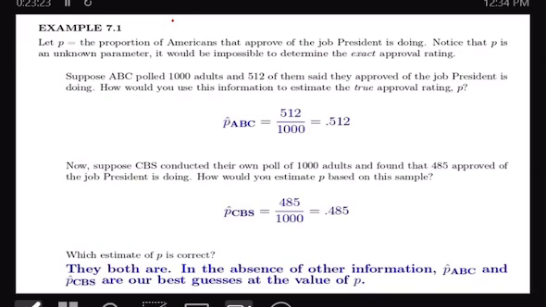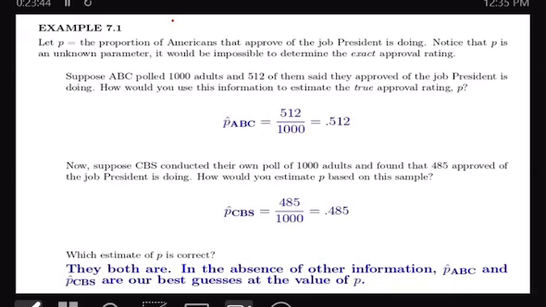The parameter is P. We want to know the proportion or percentage of Americans that approve the job the president is doing. If I want to get that exactly, I will need to study everybody in the United States. Does that make sense?